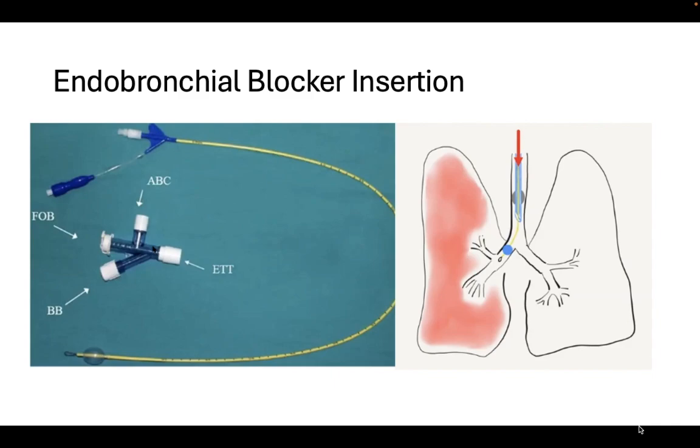So to review this endobronchial blocker insertion, this is an example of the endobronchial blocker that we have available in endoscopy. It comes with not only the blocker that you can see, but also a connection, an ET tube connector, which has ports for connecting to the ET tube, the blocker itself, the bronchoscope, as well as a port to connect to for anesthesia, to connect to the ventilator circuit.